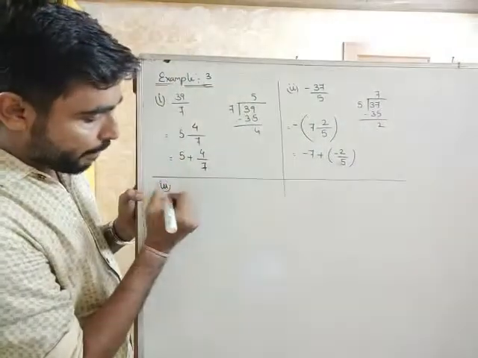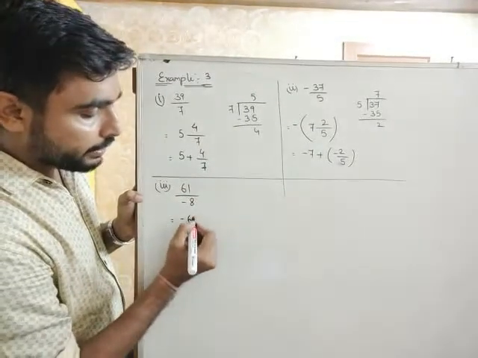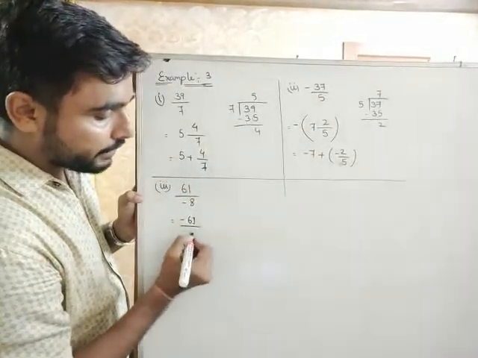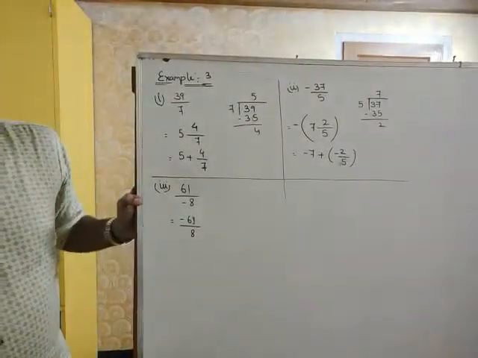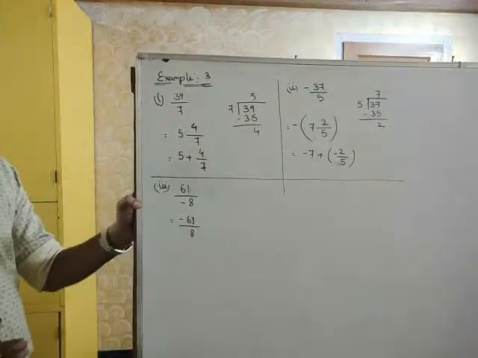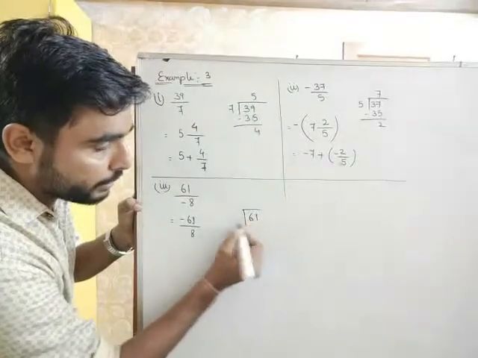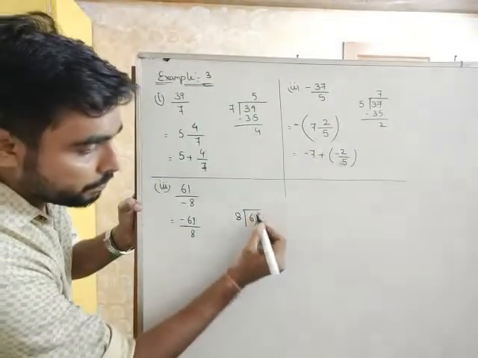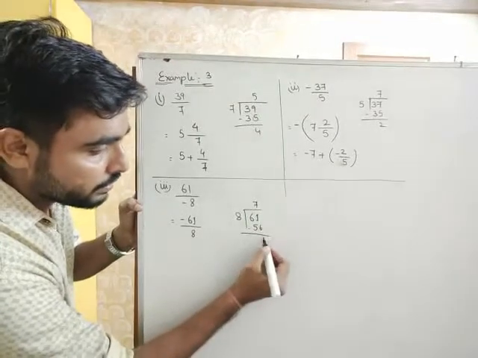Let's see number 3: 61 by minus 8. The denominator should not be negative in the case of standard form, so I have made the denominator positive 8 and the numerator minus 61. Now let us divide. 61 will be divided by 8. 8 7 times is 56, remains 5.